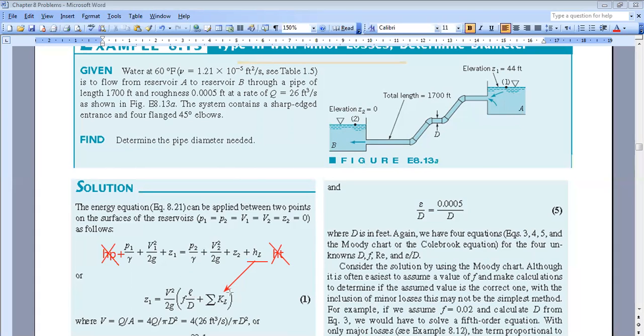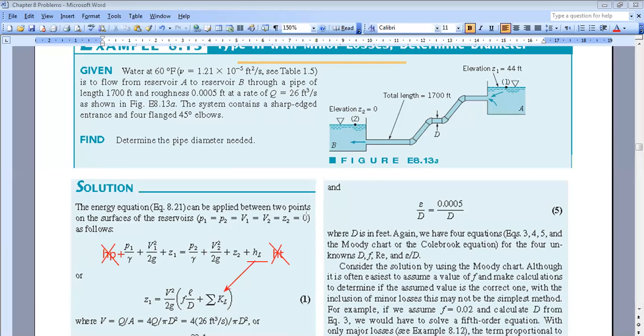Now I am done for the sum of K. As we said previously, for each part you take the average velocity. But since here you have one diameter over the whole system, you will have one average velocity. This is why you can take the sum of K into factor plus FL over D times V square over 2G, since the average velocity is the same everywhere in my duct.